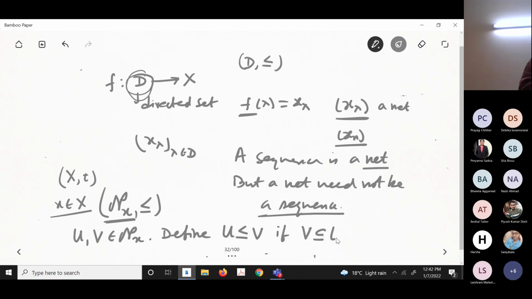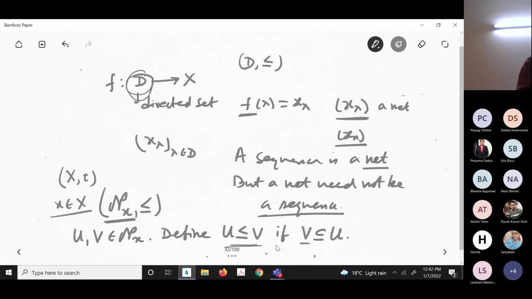I told you already in topology, eventually you'll understand intuitively. If you have finer neighborhoods, smaller neighborhoods, then it's a better topology. So that's why you are going to smaller neighborhoods. Look, this is the definition.